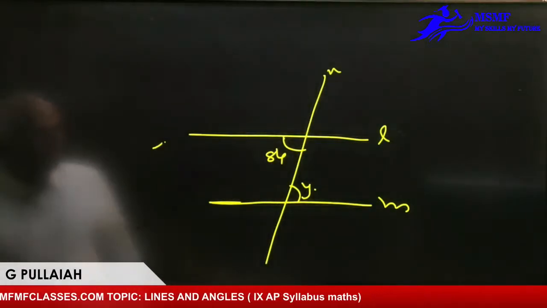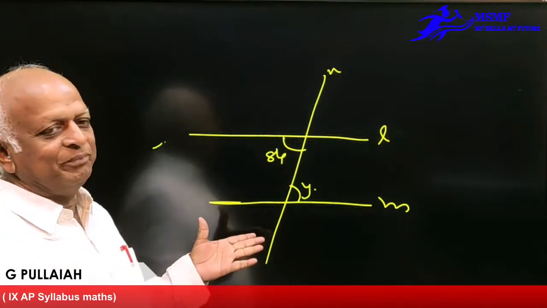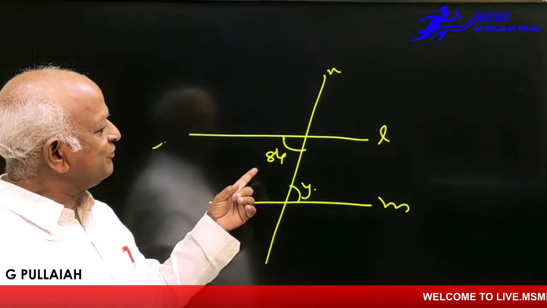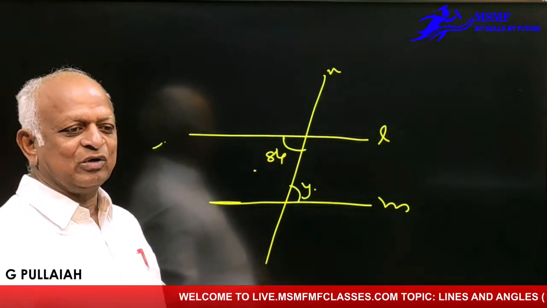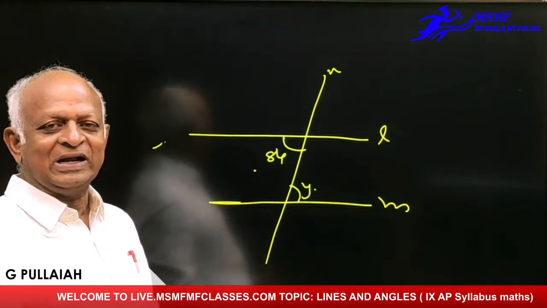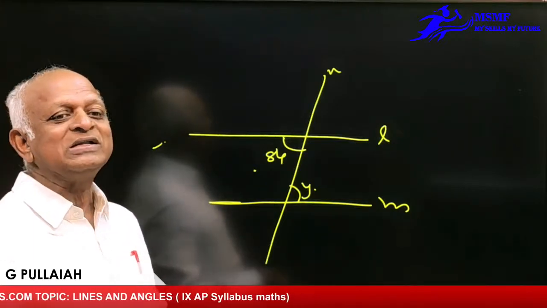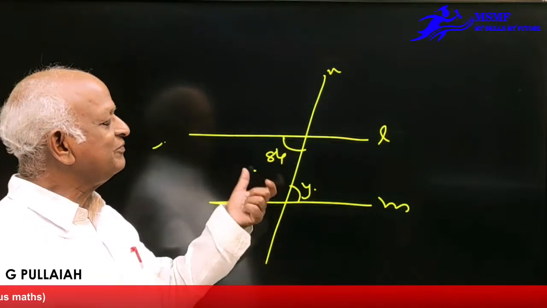One of the important things here is to remember very carefully: if you think about L and M, they are parallel, and N is a transversal. Observe here 84 degrees and y degrees. These two are the interior angles, no doubt. And what is the difference here? These two angles are not on the same side of the transversal. They are on different sides.